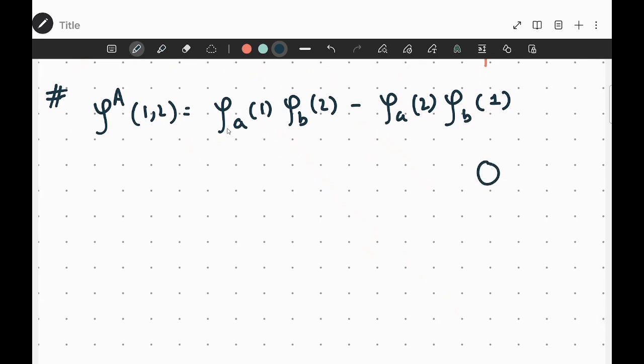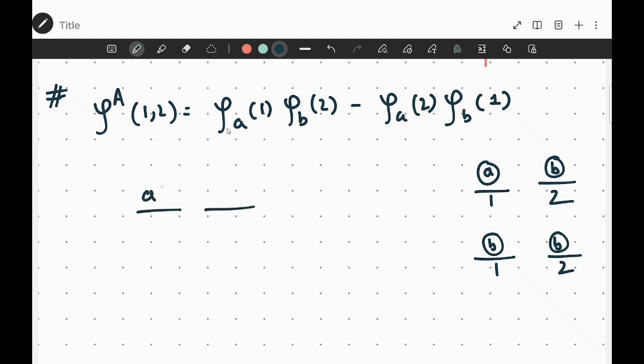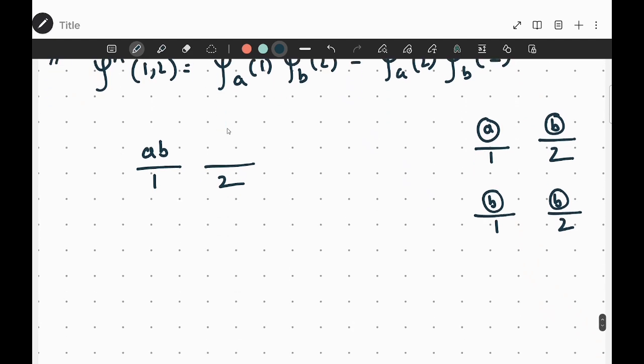First, we considered particle A at position 1 and particle B at position 2. This is one case, and we have taken the linear combination of the other case. But let's say if both particles are in the same position, A and B, then what will be the wave function?